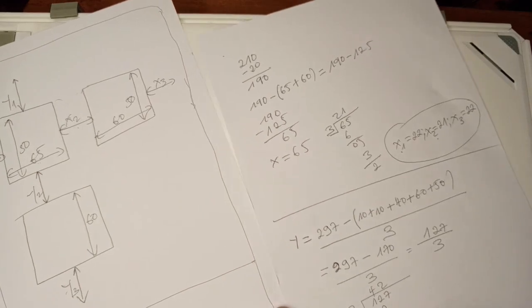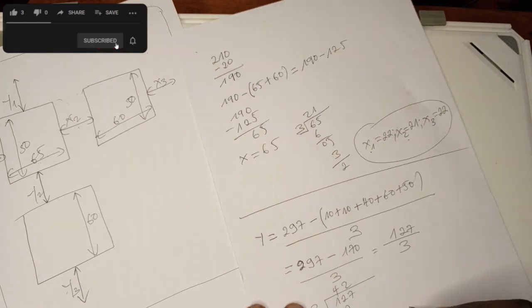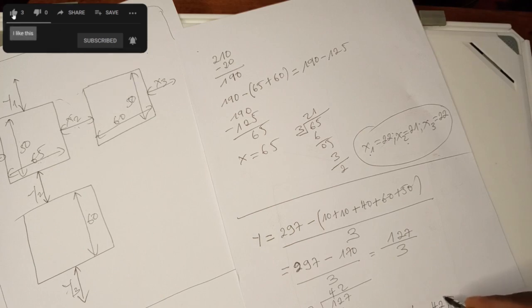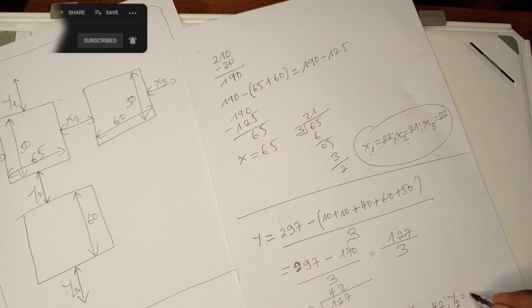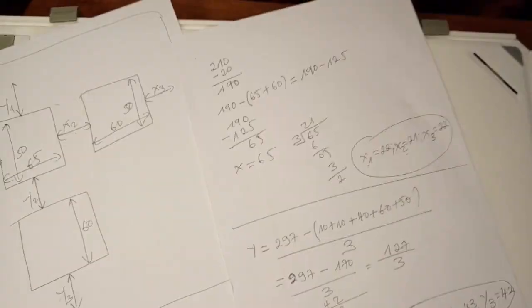Our remainder is 1. Therefore, your y1 is equal to 42. Y2 equal to 43, and y3 equal to 42. Your remainder is only 1, so you add it in the middle. If your remainder was 2, you add it to the sides. So these are your values.